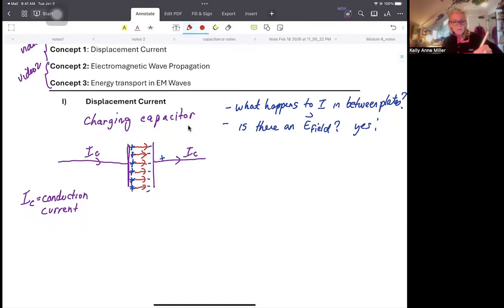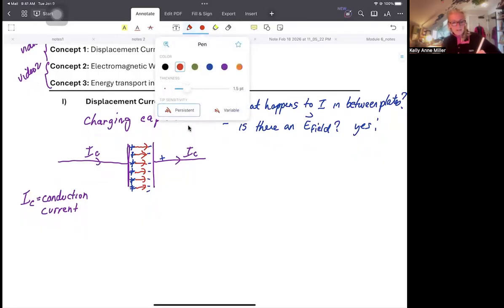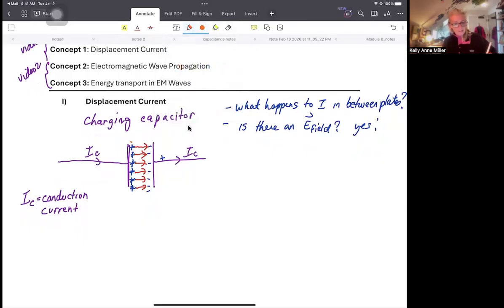And if we were to draw a Gaussian surface on this plate that encompassed all of those charges, and we were to calculate the electric flux, that would be equal to the Q enclosed divided by epsilon naught.